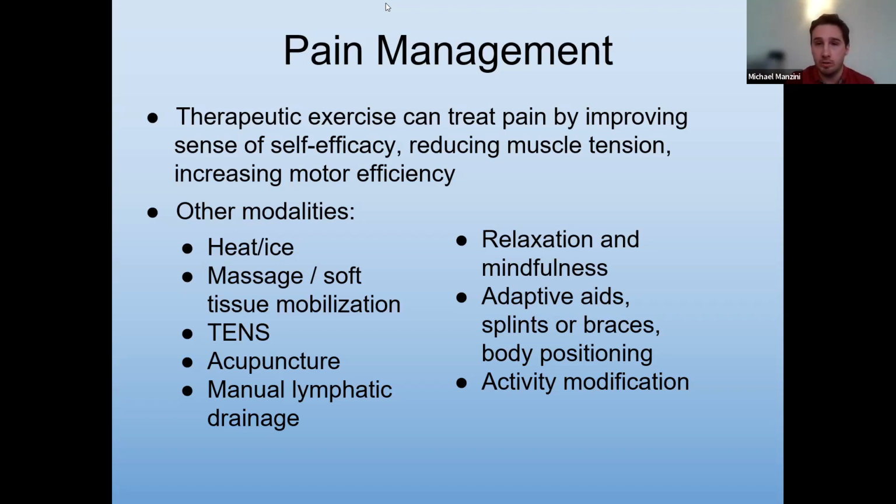The slide also includes relaxation and mindfulness. So in a way, modifying a patient's perception of pain, especially within these activities of daily living, can hopefully maximize their ability to cope with the pain, participate in the valued activity, and reduce anxiety or fatigue that is contributed by one's pain. So we'll jump to the next slide.